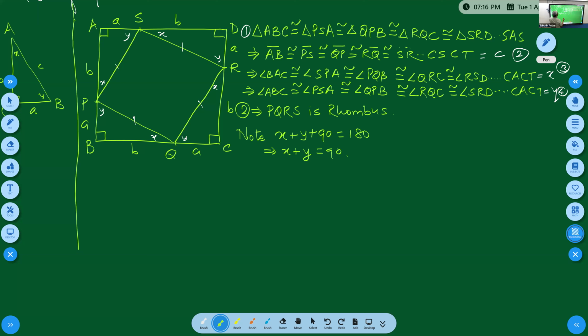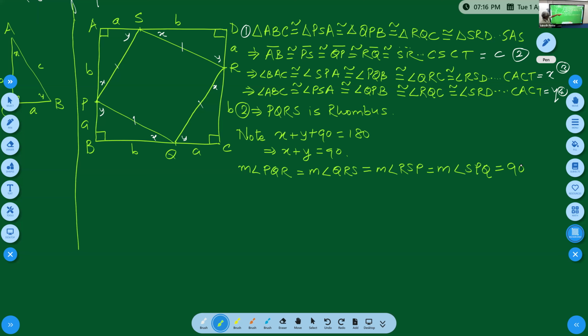And therefore, measure angle PQR is equal to measure angle QRS is equal to measure angle RSP is equal to measure angle SPQ, equal to 90.